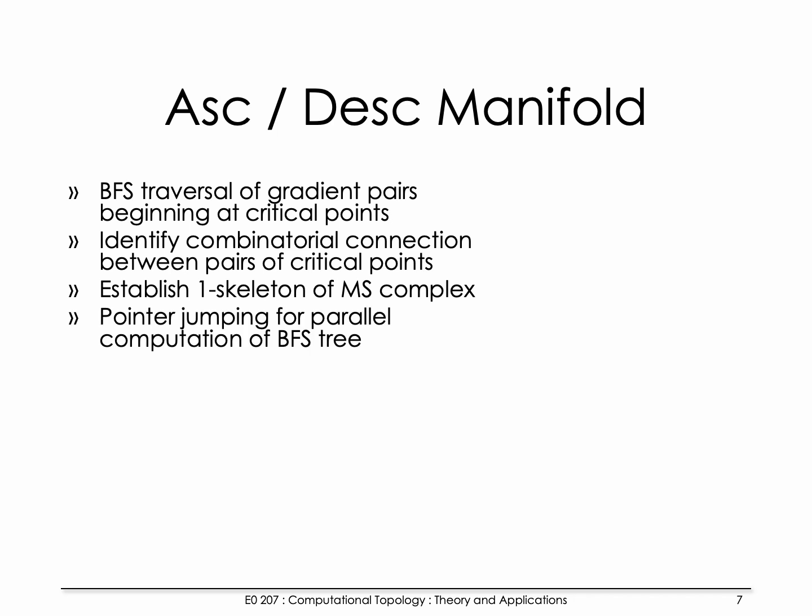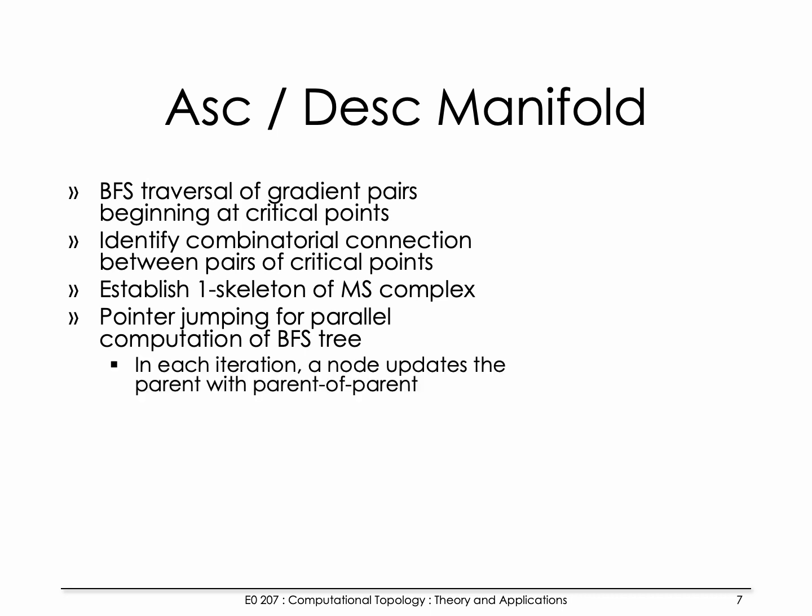So the breadth first traversal is accomplished via a procedure called pointer jumping. So what pointer jumping does is, at every iteration, a node in the tree will update its parent information with the parent of its parent. So note that the breadth first search tree aims to compute from the source.